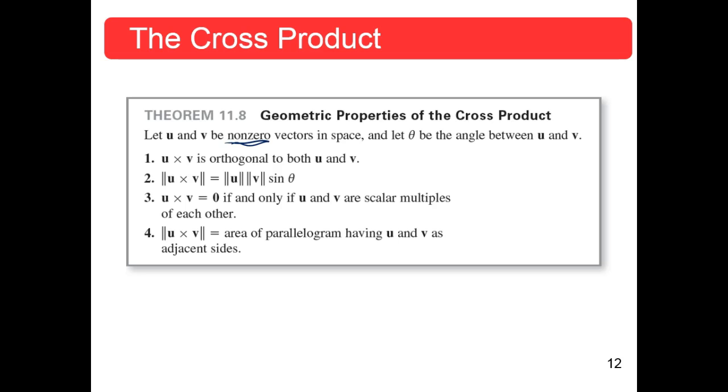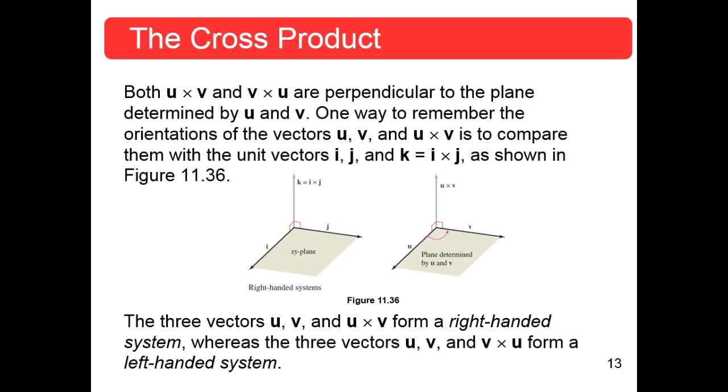The scalar could be positive or negative, meaning the same direction or the opposite direction, but they would all be collinear. And then the magnitude of U cross V is the area of the parallelogram having U and V as adjacent sides.